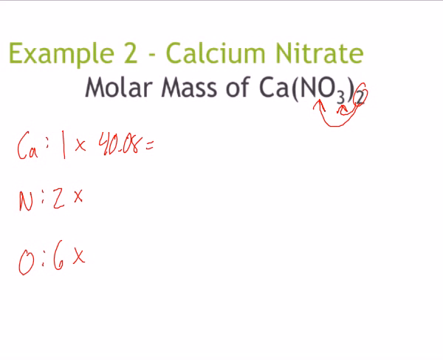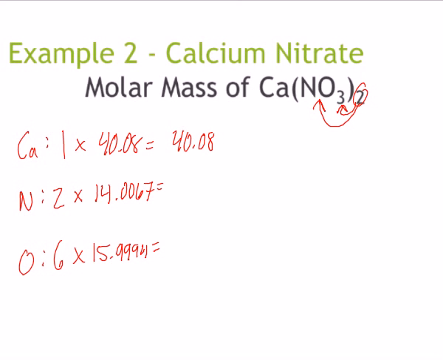Mass of calcium is what? 40.08. That's easy math. Nitrogen is going to be? 14.0067. And oxygen is going to be? 15.999. Okay. Yeah. All right.